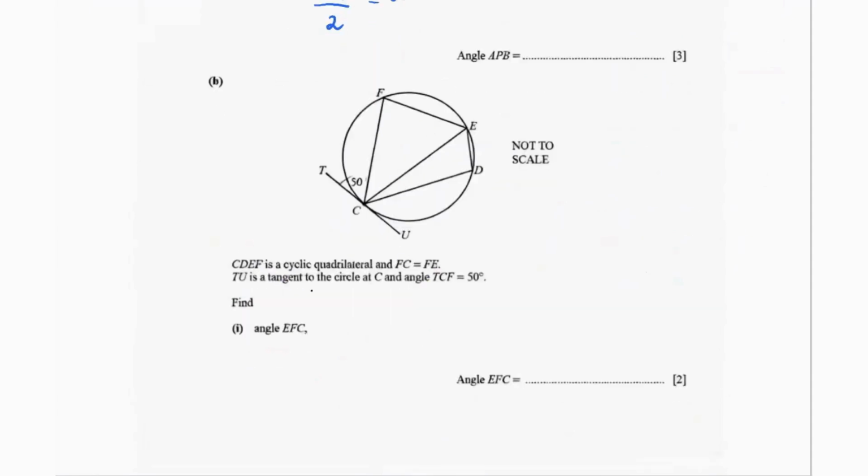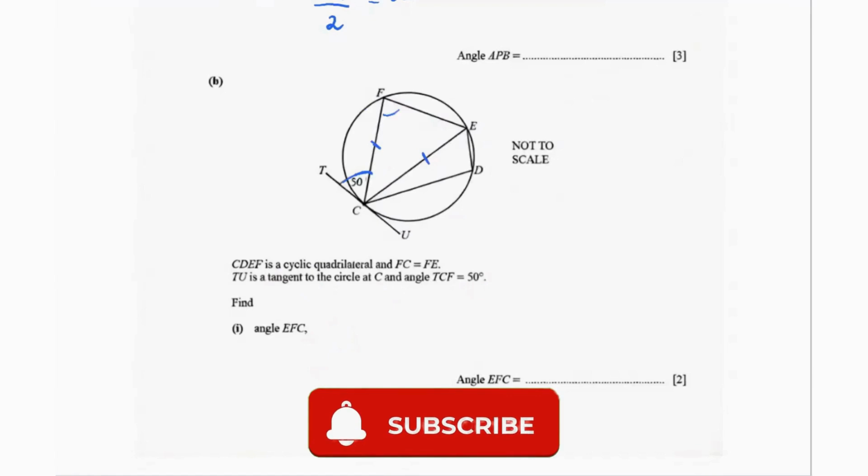Then CDEF is a cyclic quadrilateral. FC equals FE. This is equal to this. DU is a tangent to the circle at C. And angle TCF is given as 50. So this is 50. Find angle EFC. This is the angle they're asking us to find.